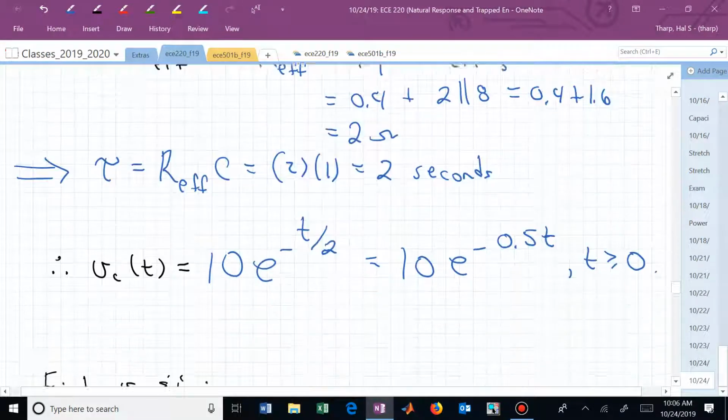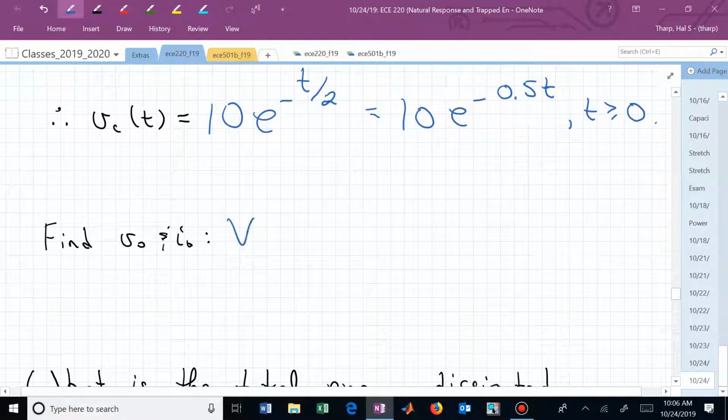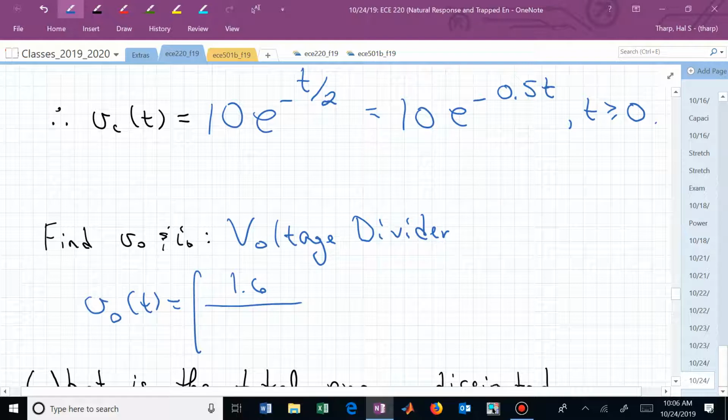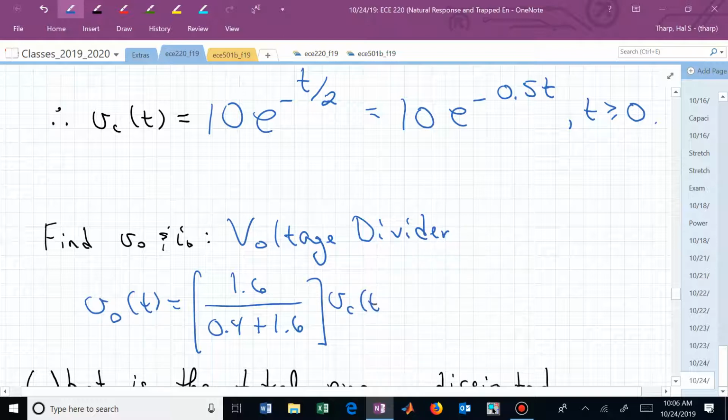So let's do that. A voltage divider allows us to say that V sub 0 of t is that parallel combination of R2 and R3, which was 1.6, over R1 plus that 1.6, times V sub C of t.